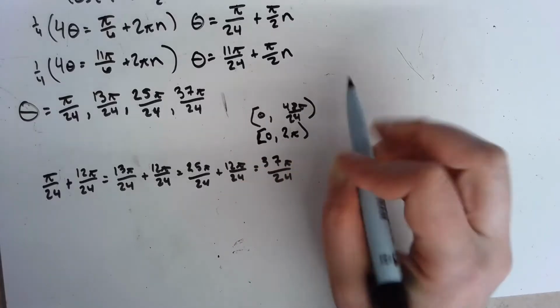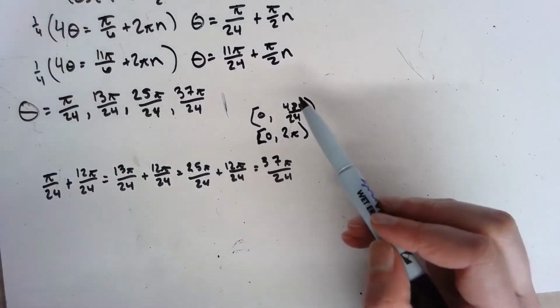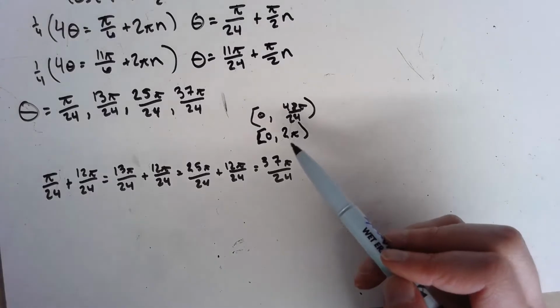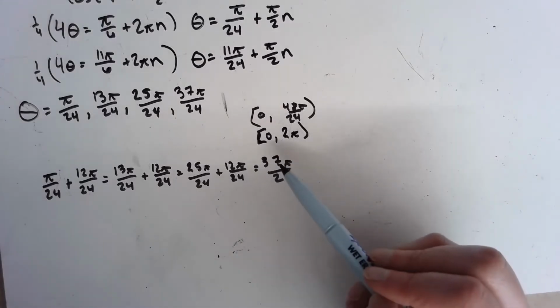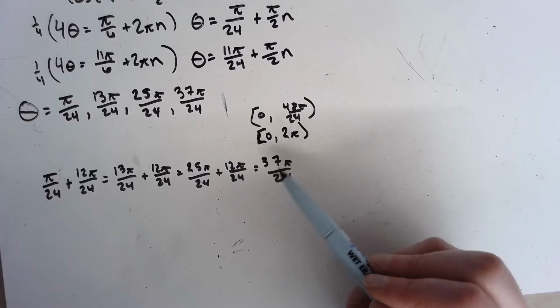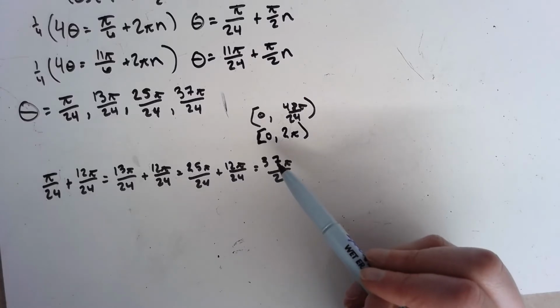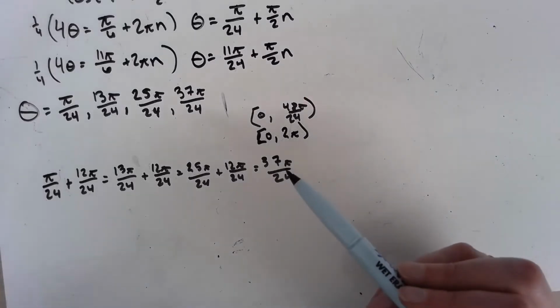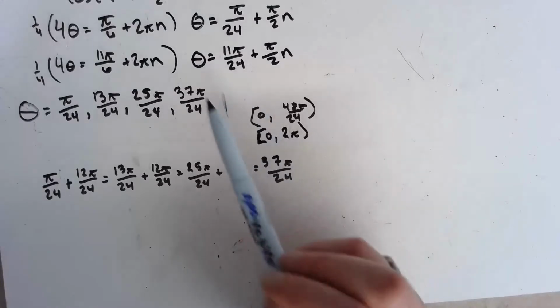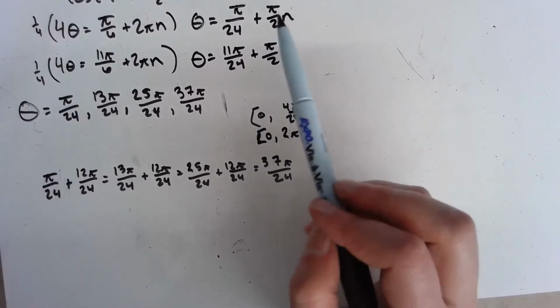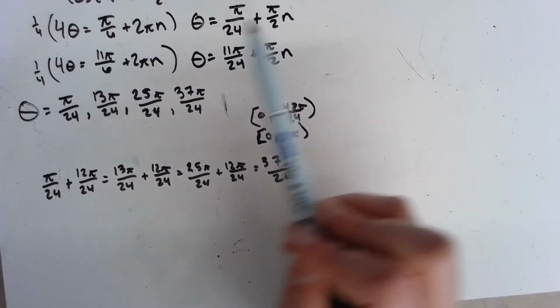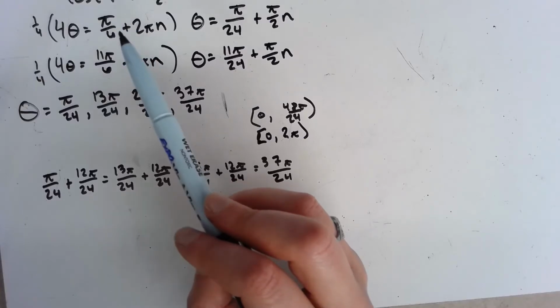So my range is between 0 and 48 pi 24ths. If I add 12 pi more, am I going to be outside the range? Yeah, right? That would be 49, so I'm just barely out of that range. So I'm going to stop here at 37 pi 24ths. That takes care of our first answer of the pi 6.